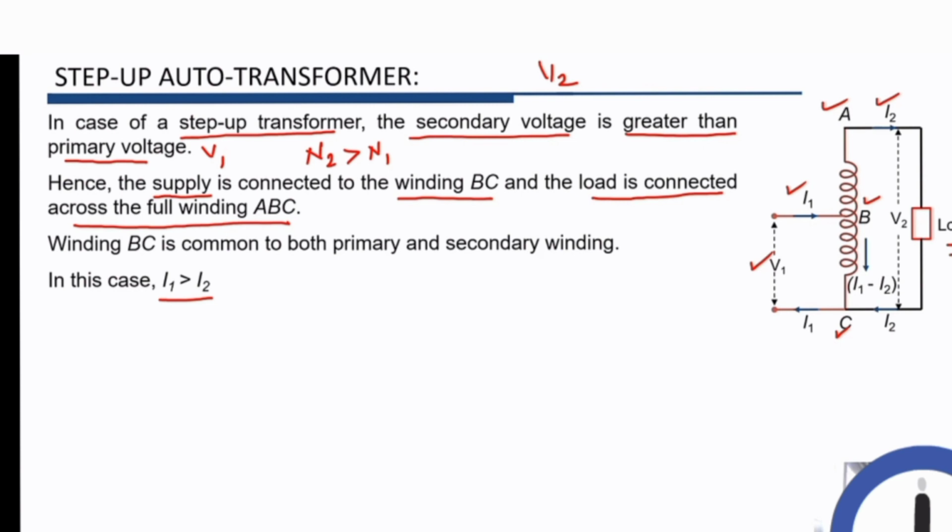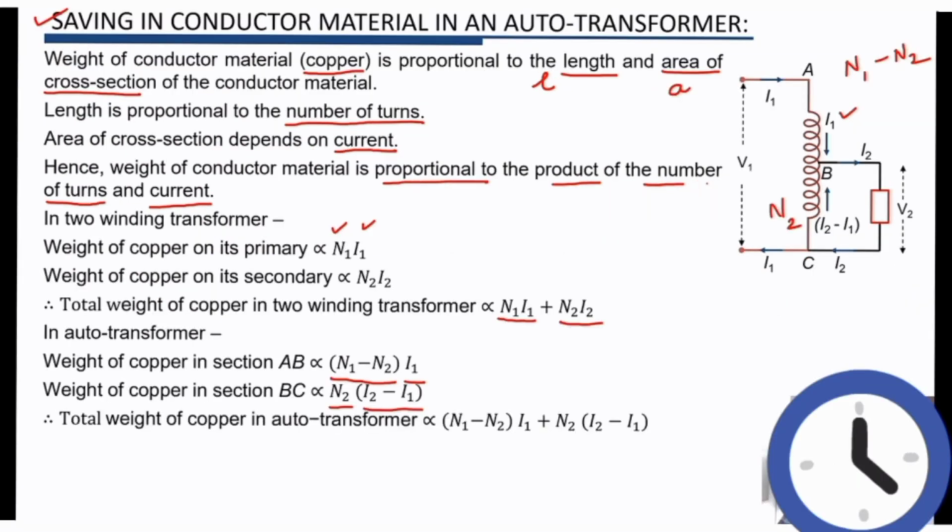So in the step up transformer, B and C are the common part of the winding for both primary and secondary. So far we have dealt with the step up and step down auto transformer, and the benefit of the auto transformer is saving a large amount of copper when compared to the two winding transformer.